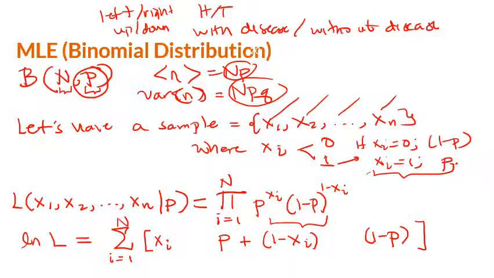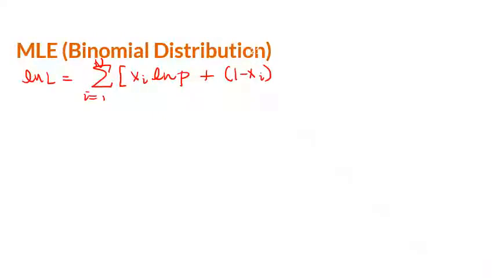So it should be ln p, ln of 1 minus p. So this is now our expression for ln L. So ulit, our ln L is equal to the summation of i from 1 to n, xi ln p plus 1 minus xi ln of 1 minus p.